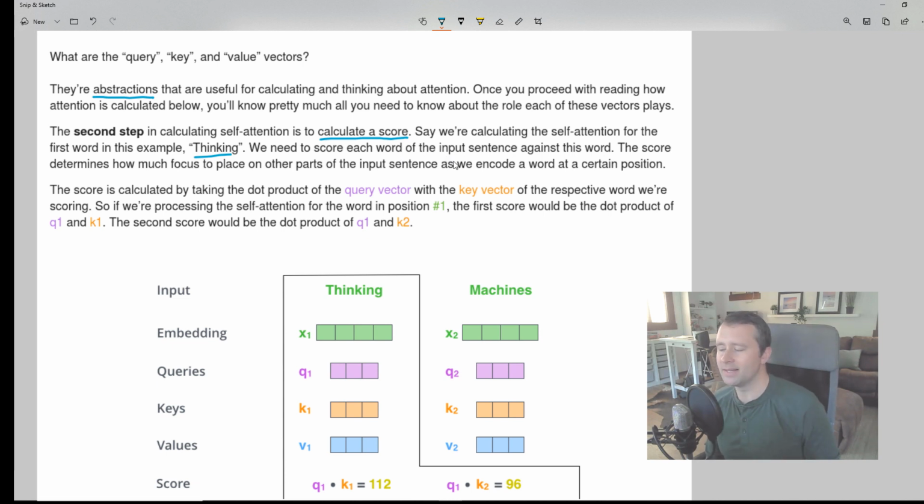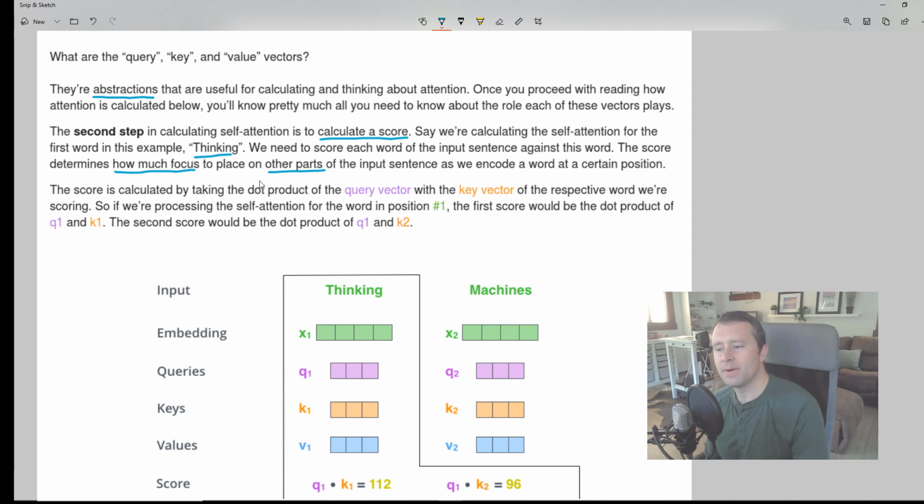So if we had a sentence with 8 words in it and the input was thinking, then we need to produce a score for the other 7 words in the sentence. In this example, it's just 2 words in the sentence. The score determines how much focus to place on other parts of the input sentence as we encode a word at a certain position. Word at a certain position means encoding the input word.